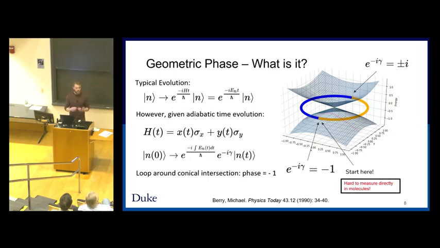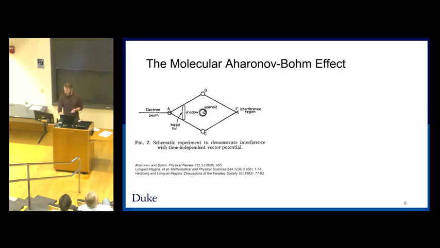And as I mentioned, it's really hard to measure in molecules, because in molecules things happen really fast, on the order of femtoseconds, and things are really noisy. In trapped ions, things are slow and easy, to some extent.